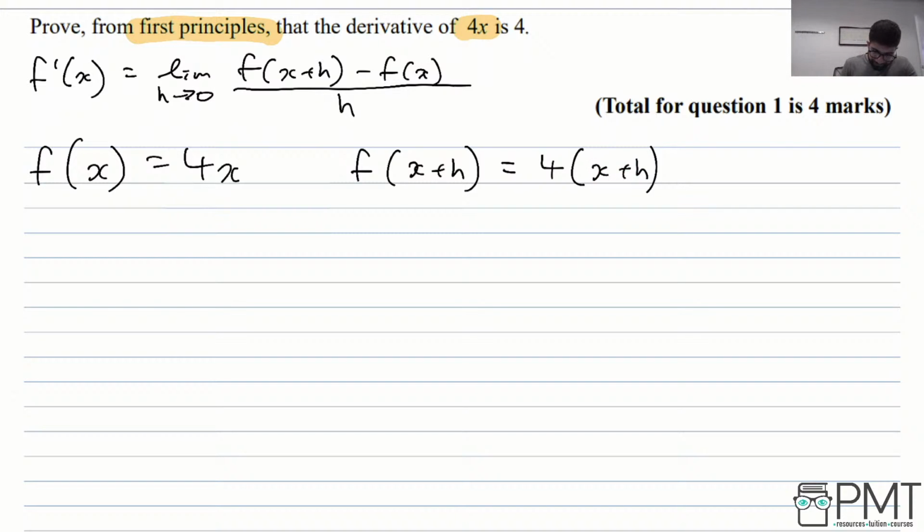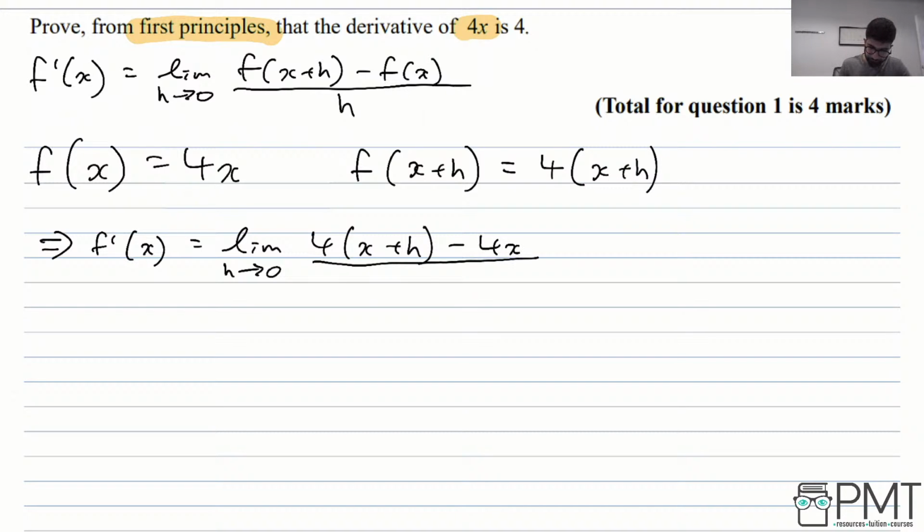So when you put this back into the formula, we have got f dash of x is the limit, so we have got 4 times x plus h. So that's this substituted. Then we have got minus f of x, so I'm taking away 4x, dividing by h. Let's continue.